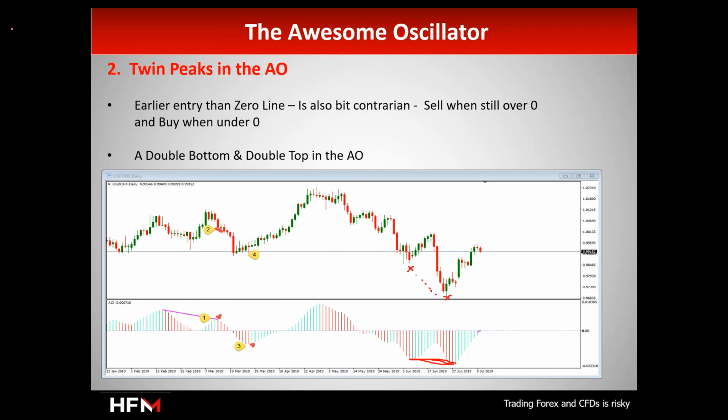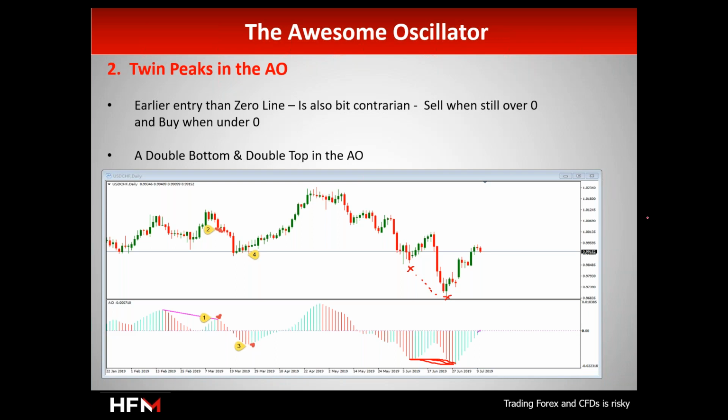Okay, so these are called the twin peaks. If we are connecting the peaks of the Awesome Oscillator or the bottoms of the Awesome Oscillator, this gives us extra information and is another way to identify potential bearish or bullish momentum using the Awesome Oscillator. So what you should keep an eye on in regards to twin peaks.